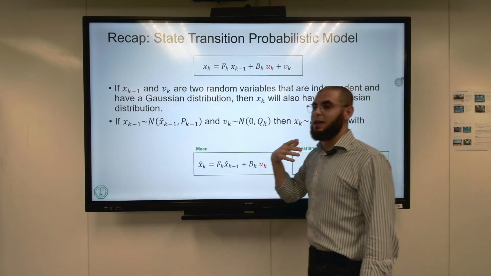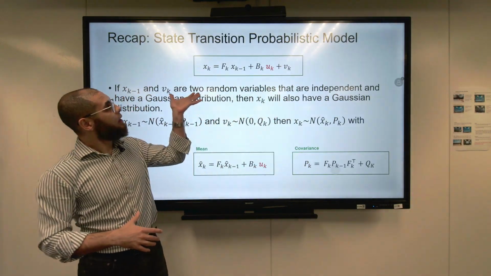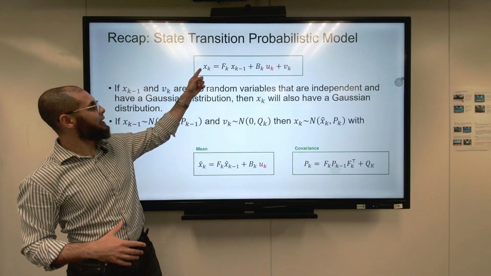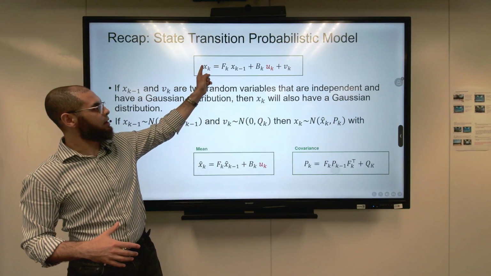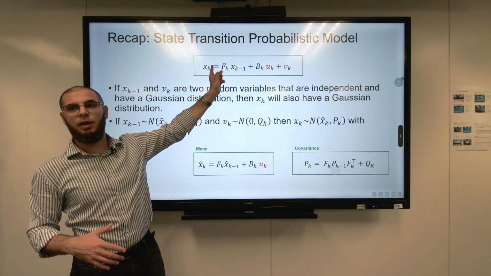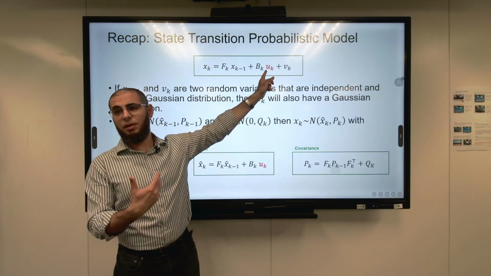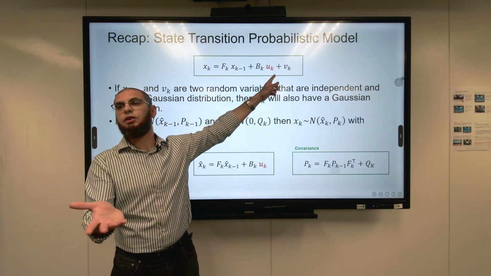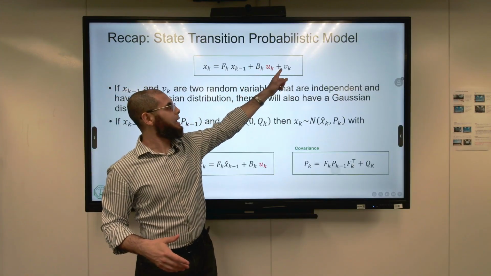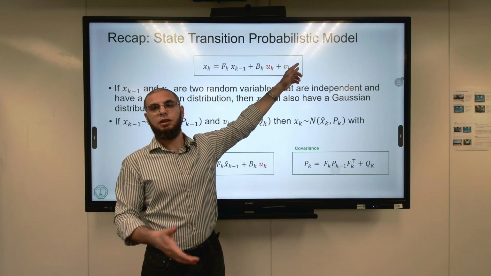The whole idea is that if you have a linear model and the inputs are Gaussian, then, for example, if I want to know the mean of xk, it would be equal to the mean of xk minus 1 multiplied by fk, plus the mean of uk multiplied by bk, but uk is not a random variable, so its mean is just uk, plus the mean of the noise multiplied by the identity.